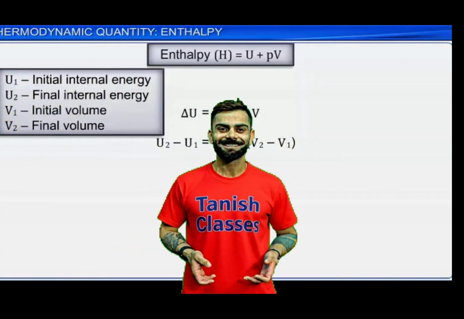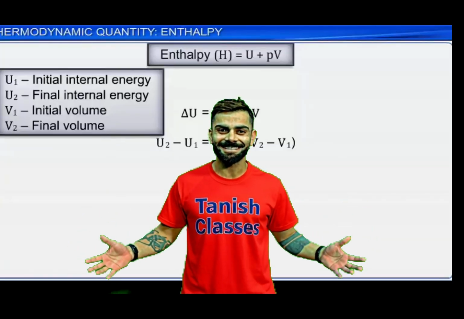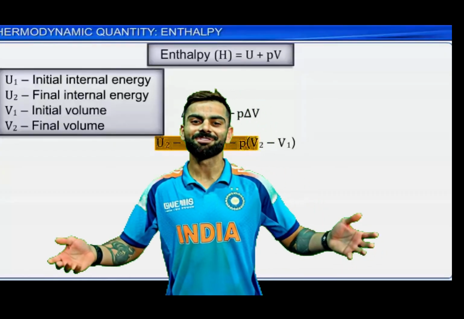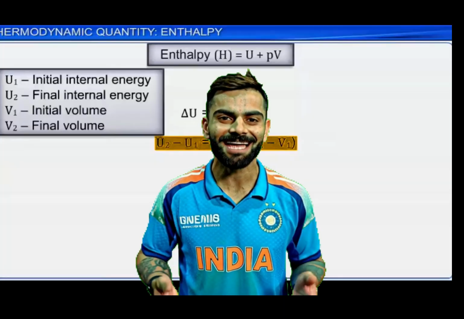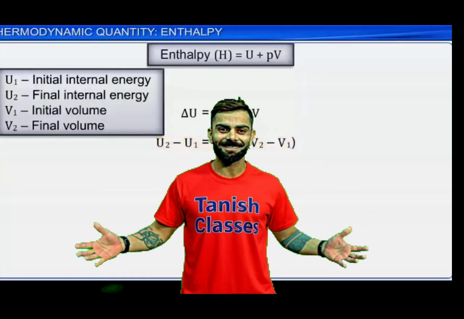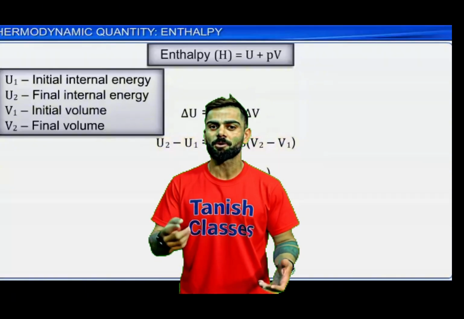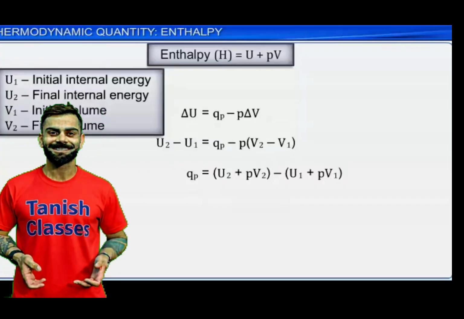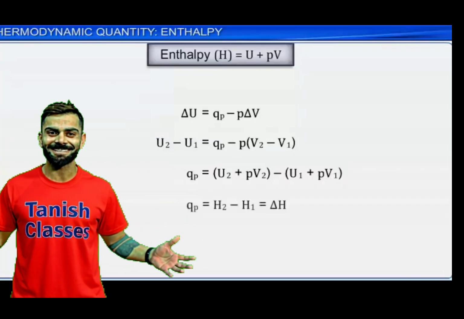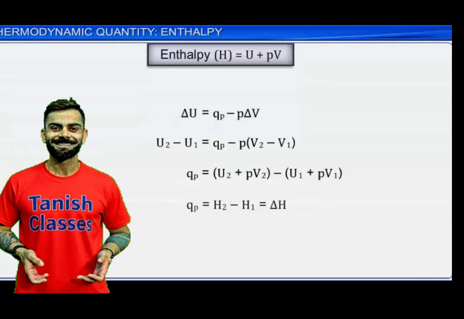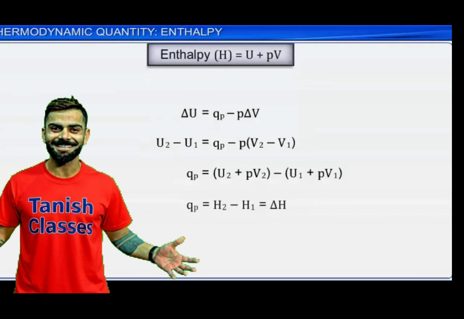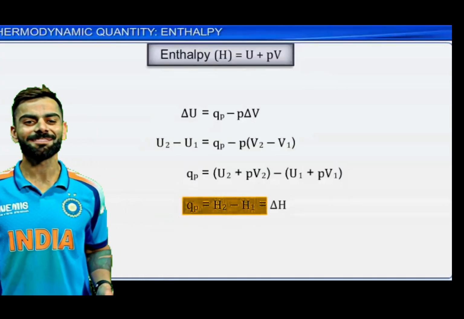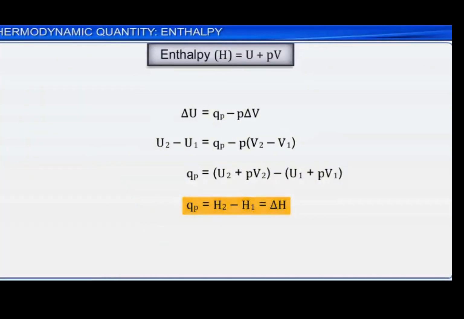The above equation can be written as U2 minus U1 equal to QP minus P into V2 minus V1. On rearranging this, we get QP equal to U2 plus PV2 minus U1 plus PV1. But we've already learned that U plus PV equal to enthalpy H. Hence, the equation can be written as QP equal to H2 minus H1 is equal to delta H. Therefore, delta H is equal to QP.